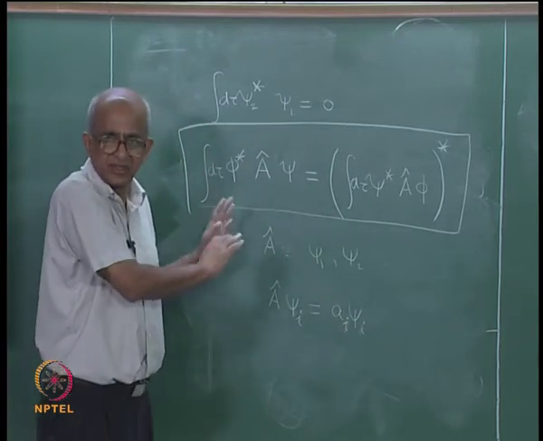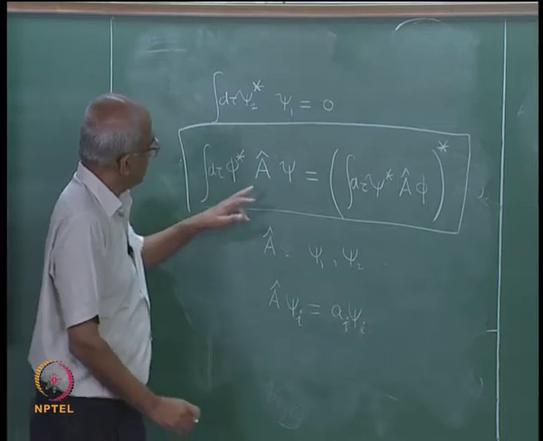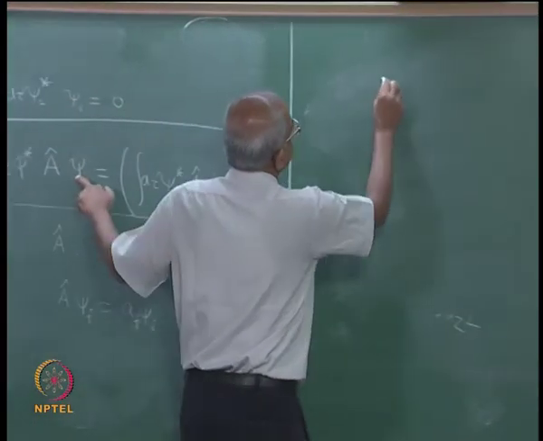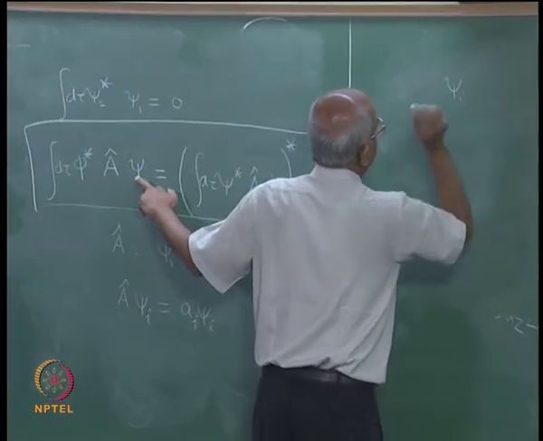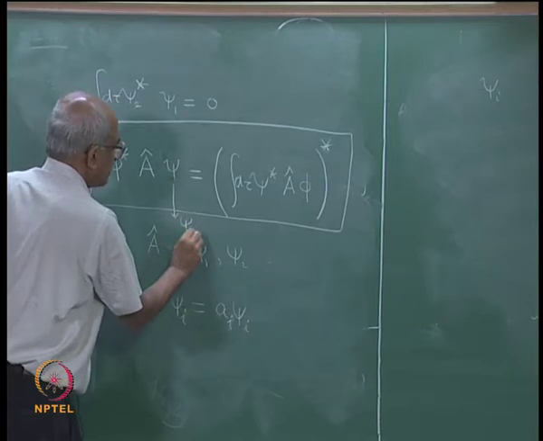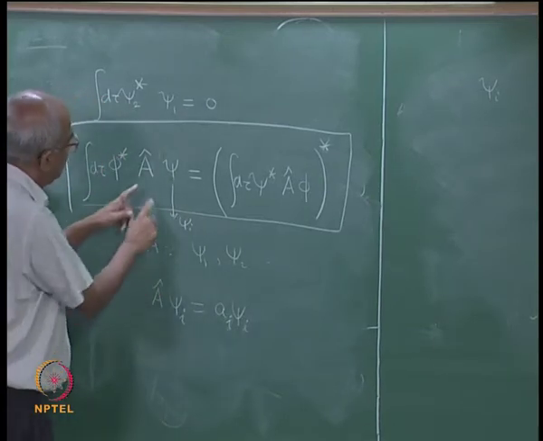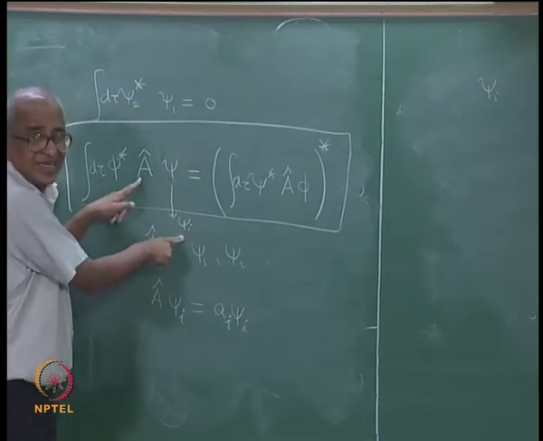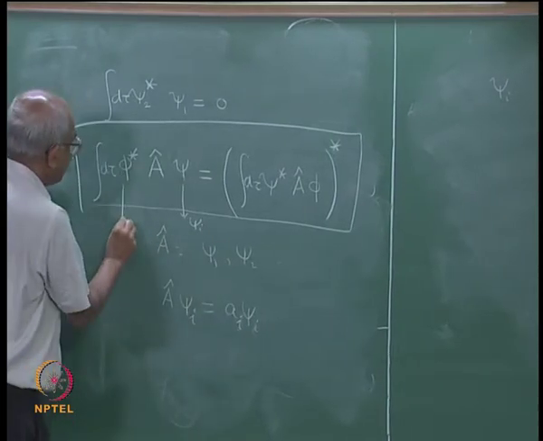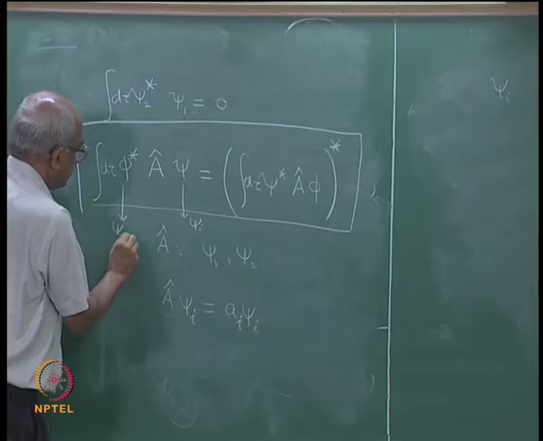So, in this equation I am going to put this psi as psi subscript i, because I want to have A operating upon psi i, and this phi also I am going to identify with psi i.